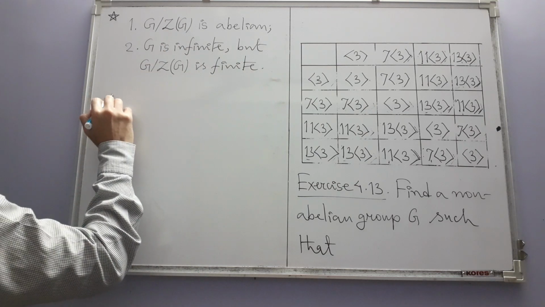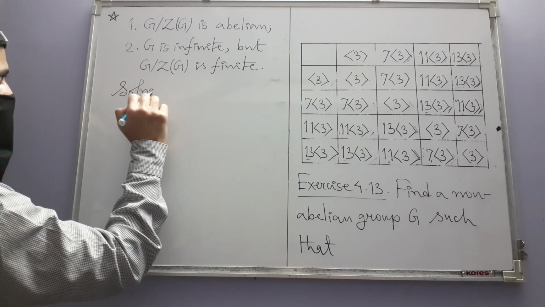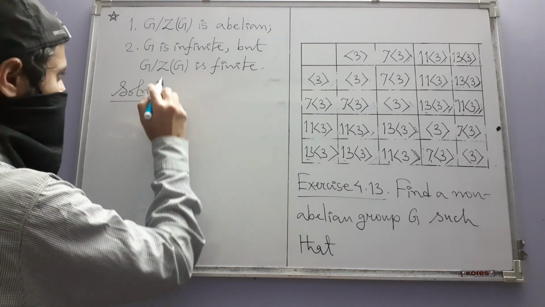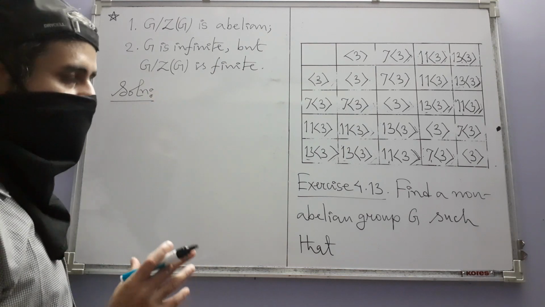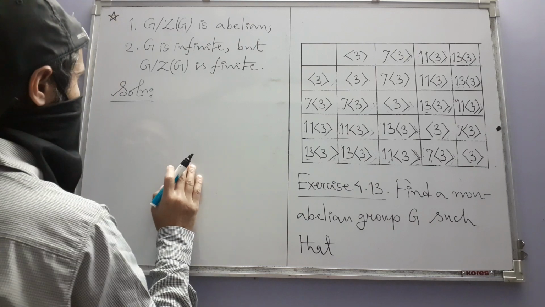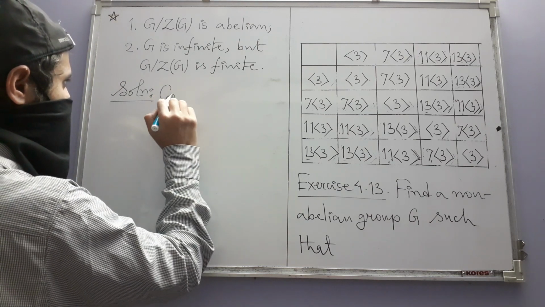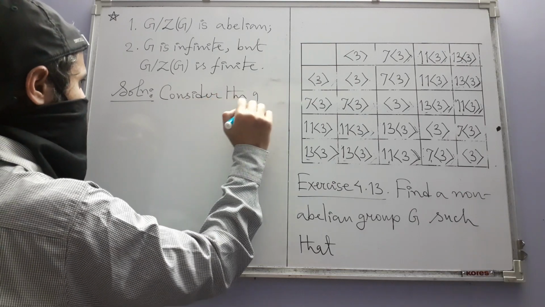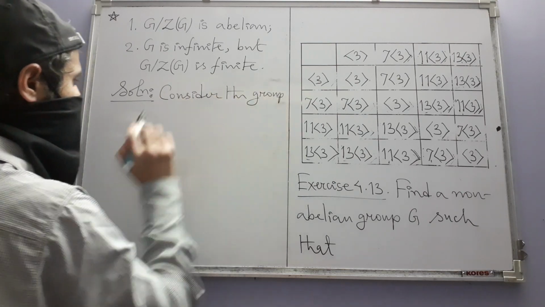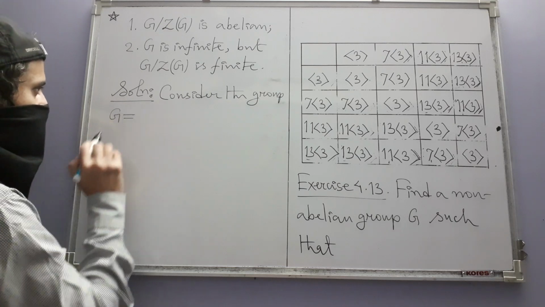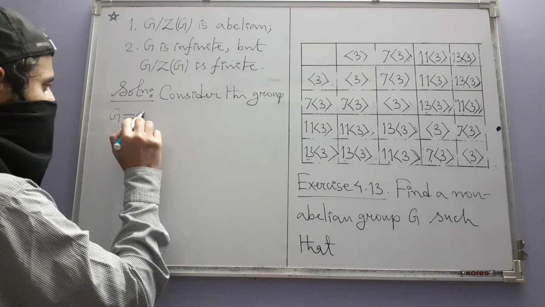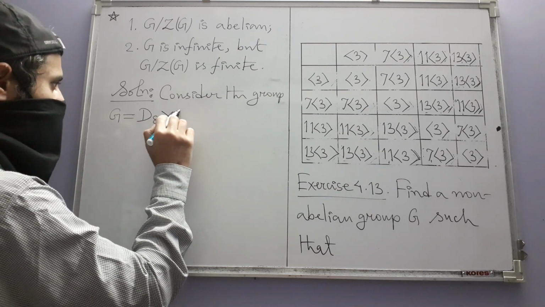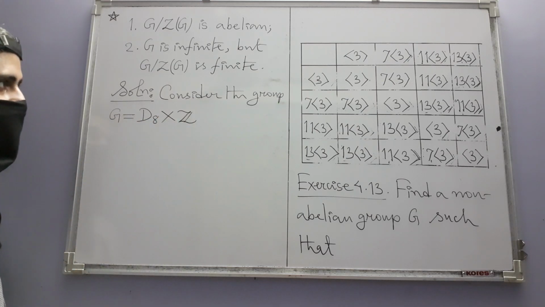Okay. Now the author has considered this group. One group itself suffices for both the things, both the parts. Consider the group G, which is the direct product of the dihedral group and the additive group of integers.